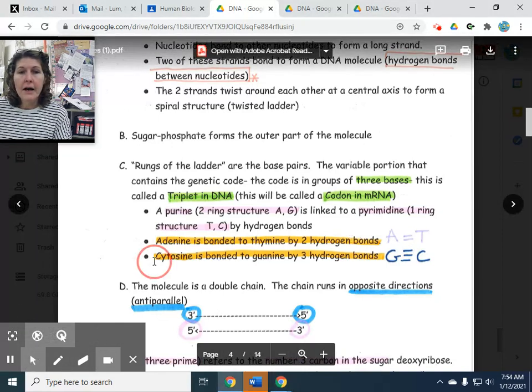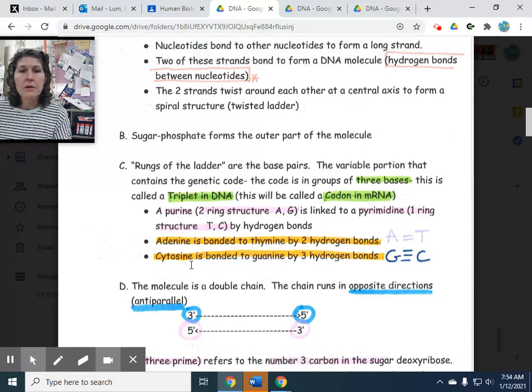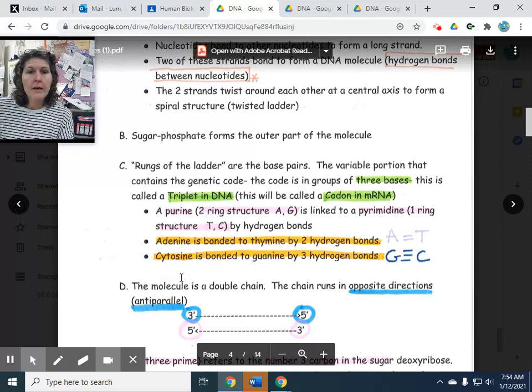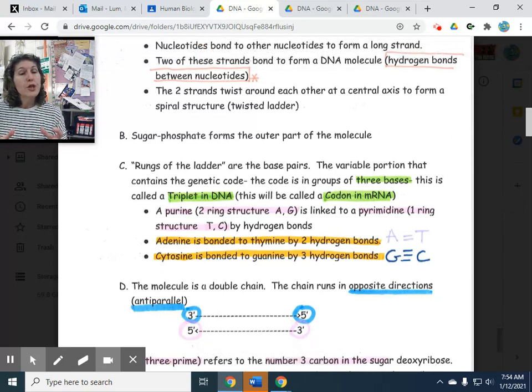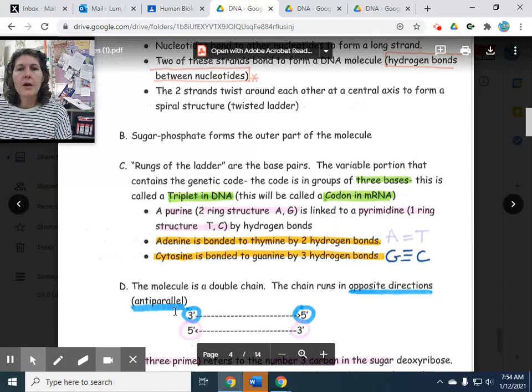And then I've got cytosine and guanine, so my one purine, my one pyrimidine, and they have 3 hydrogen bonds. That way we know which base pairs are complementary together. So when this enzyme DNA polymerase comes in and reads one side of my ladder with base pairs there, it knows what base pairs get matched together based on these particular bonding patterns that we see.